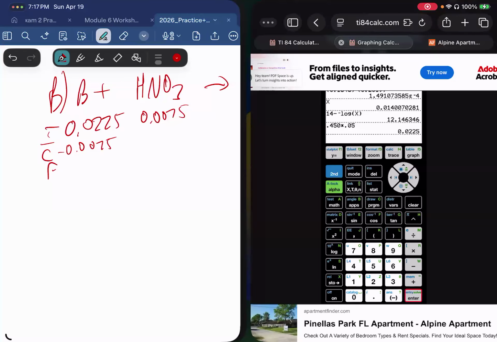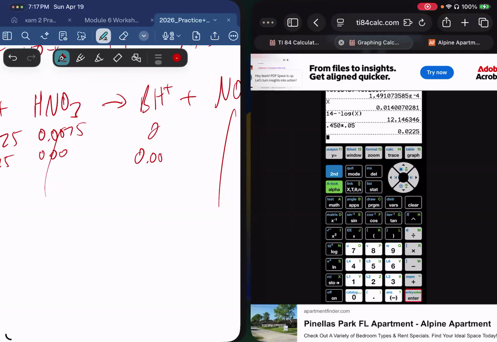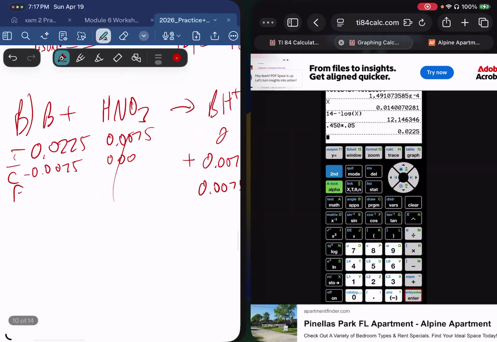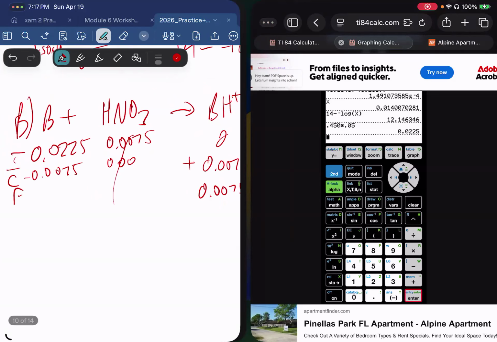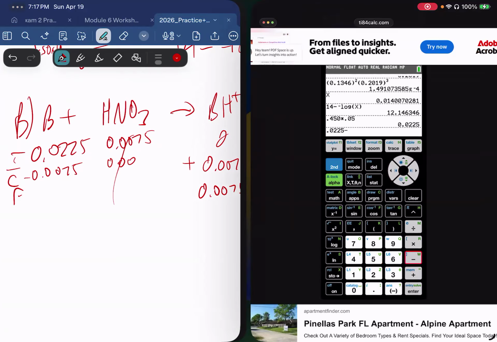This is going to be running out, so this is nothing, right? And this is going to be plus 0.0075. And we get 0.0075. And then this is 0.0225 minus 0.0075, so that's 0.015.